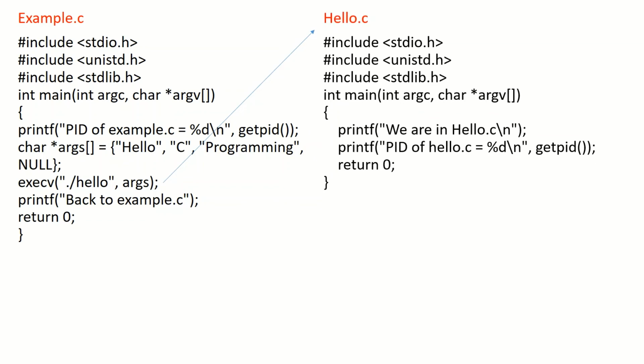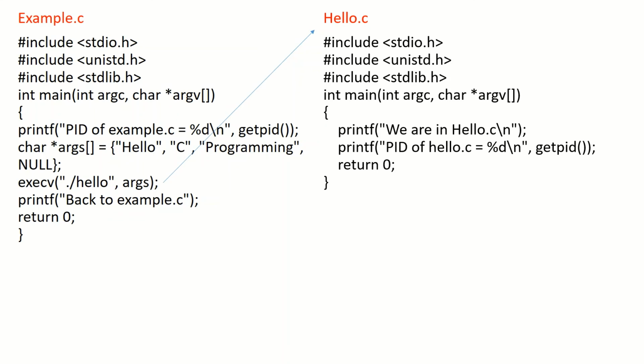Here this slide shows an example program, example.c and hello.c. In writing the program, the basic standard input header file should be included, along with the Unix standard header file and standard library functions, with main taking the command line argument argv as a pointer type.